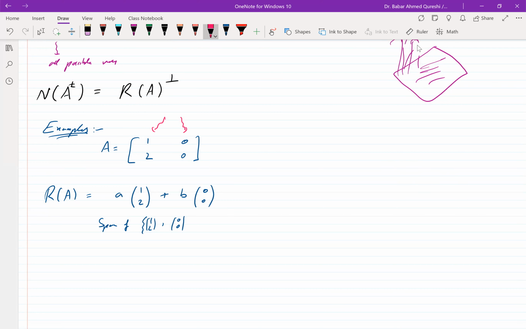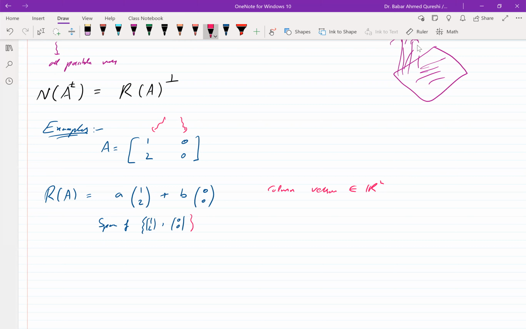The column vectors in this case live in R2.